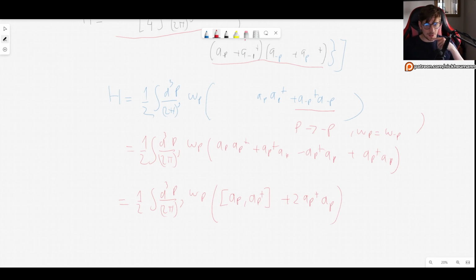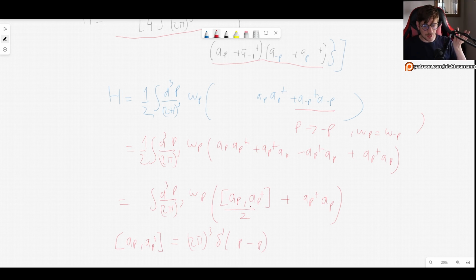So here we can multiply through by 1/2. This is halves and this loses the 2. And now keep in mind, well, what is this commutator? The commutator of a_p, a_p dagger we know is simply (2 pi)^3 delta cubed of p minus p.